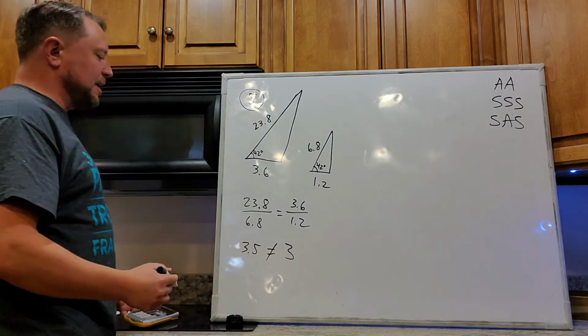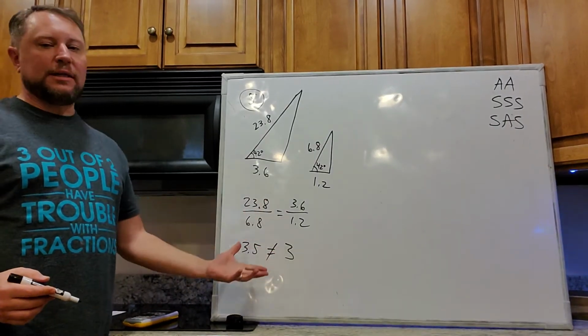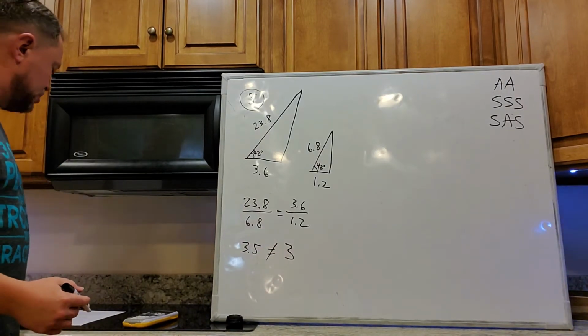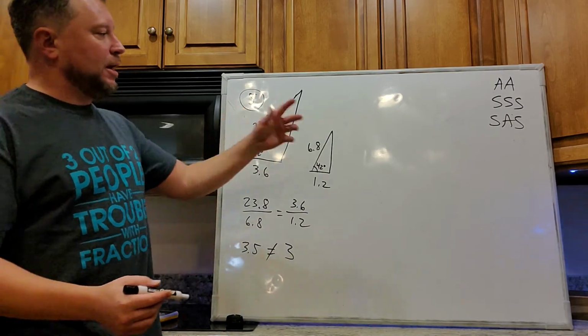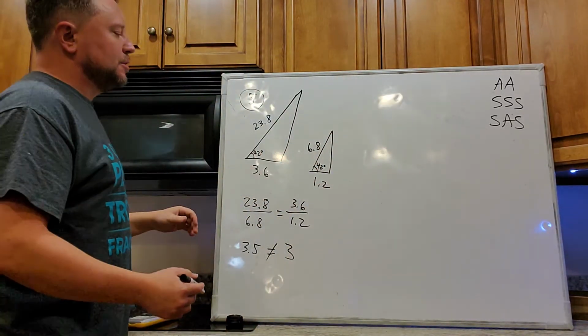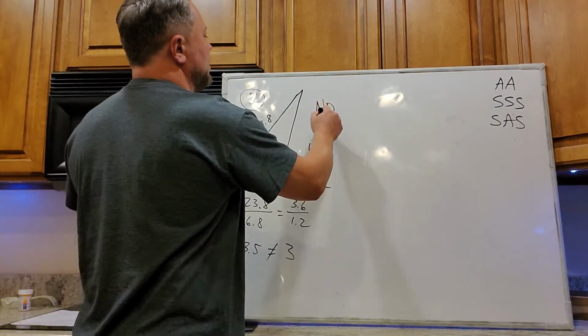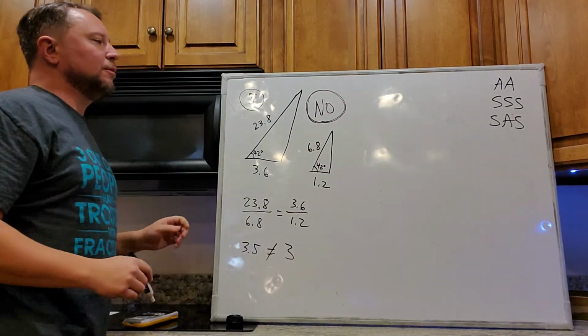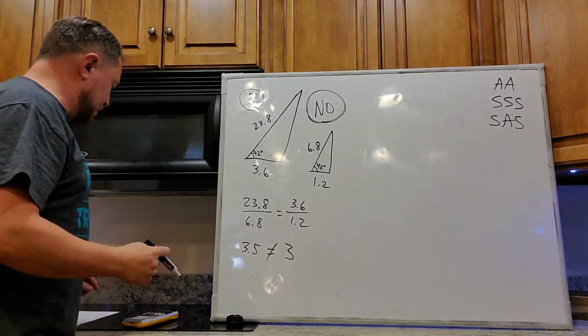I hope you see that's not a match. 3.5 and 3, that's not a match. So even though at first glance you might have thought, oh yeah, by SAS they should be similar, the sides didn't check, so on this one we have to say no, they are not similar. You might say it failed that test for the SAS.